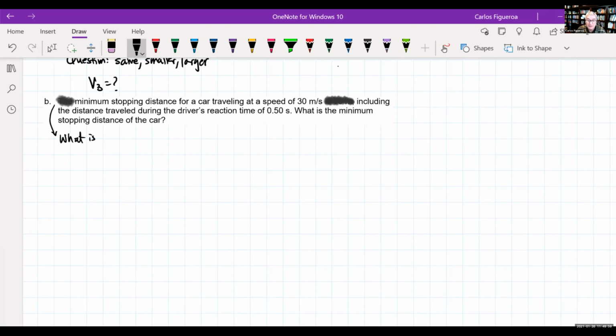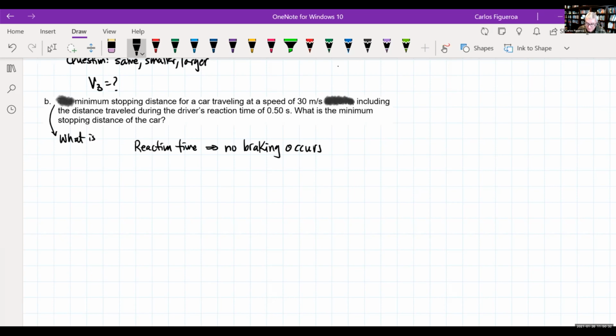So that means here that you're traveling in a car. And when we talk about a reaction time, that implies that no braking occurs. Only when you hit the brake does the car start to slow down.